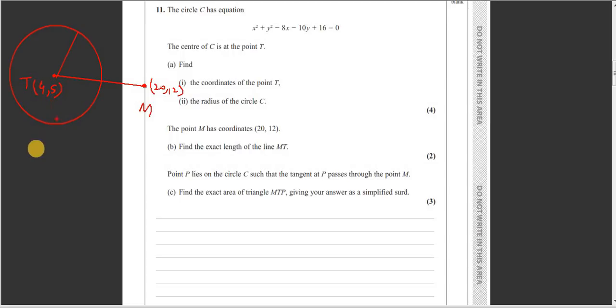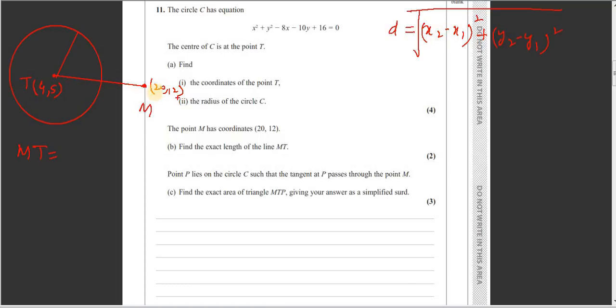So you can use distance formula. So length MT is, remember the distance formula, the distance between 2 points is the square root of (x2 minus x1) whole square plus (y2 minus y1) whole square. This is a formula for the distance between 2 points, or length of some line segment.